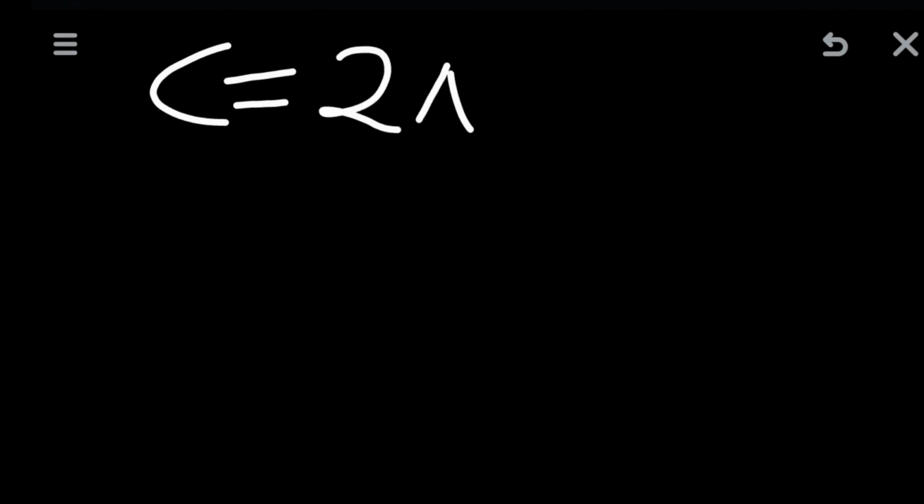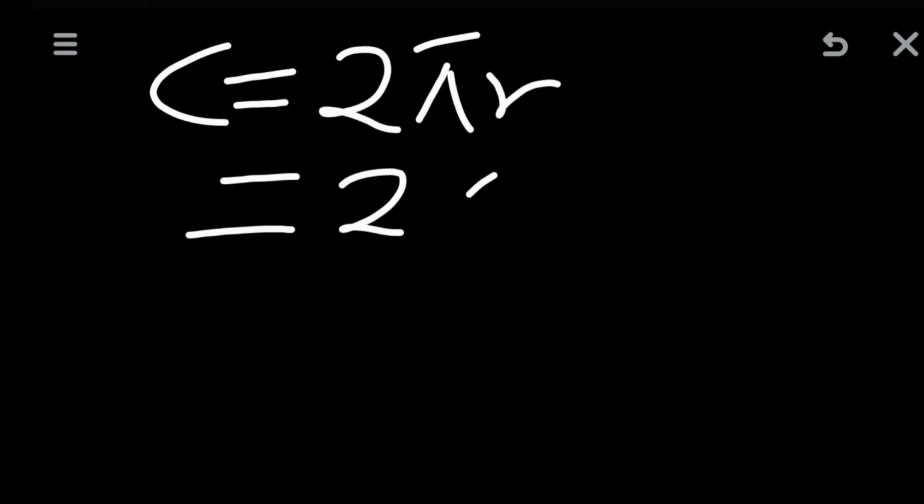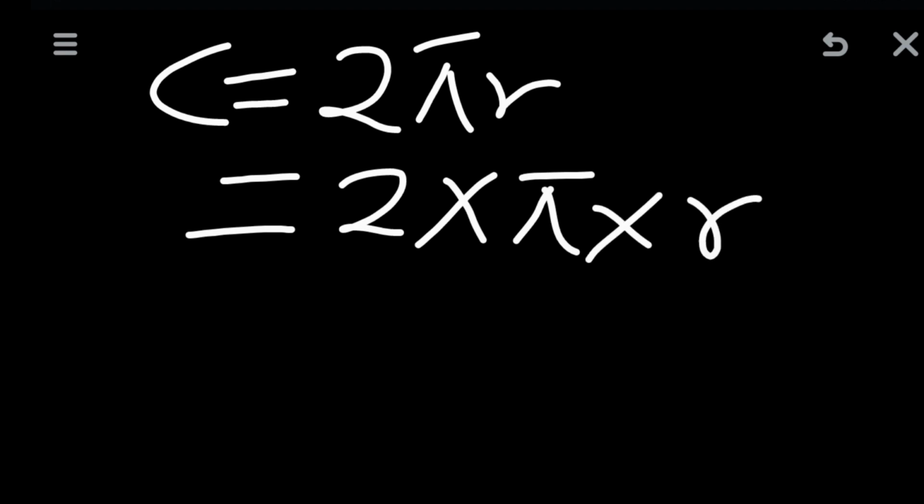From question 1, we are asked to find the circumference of a circle, which is given by 2 pi r. Then we have 2 pi, that is 2 multiplied by pi, then multiplied by r.